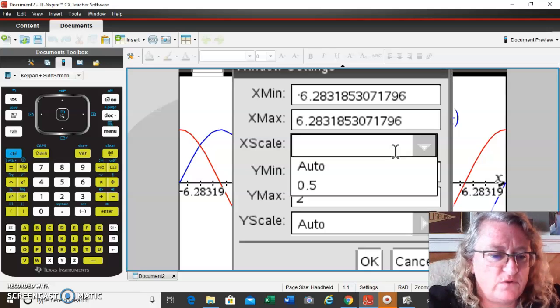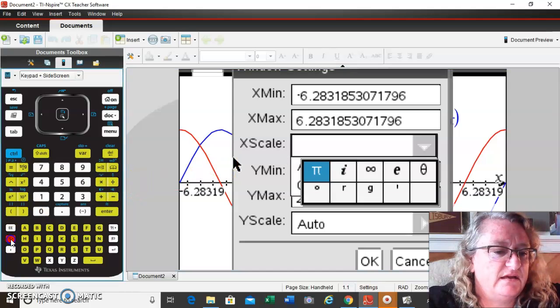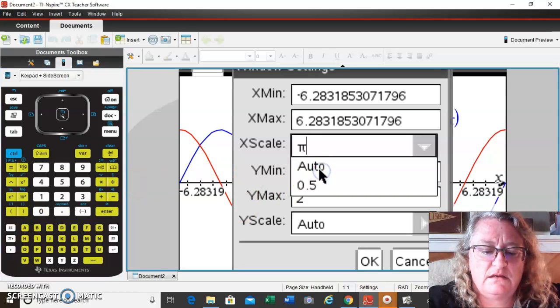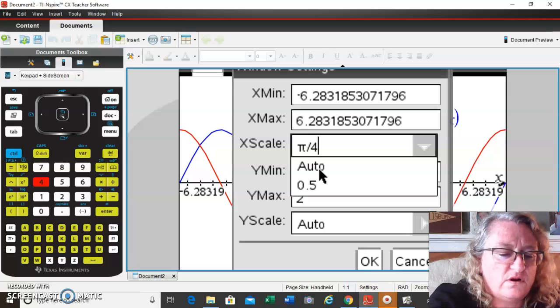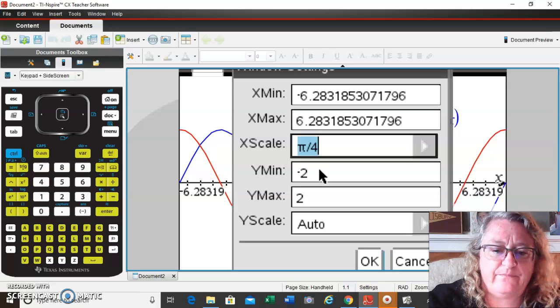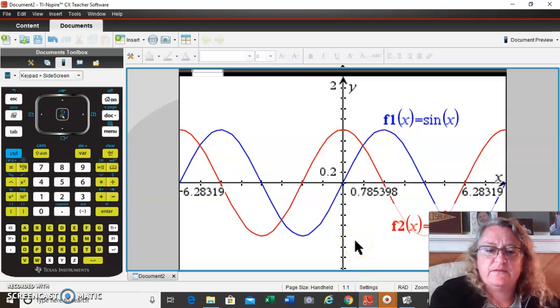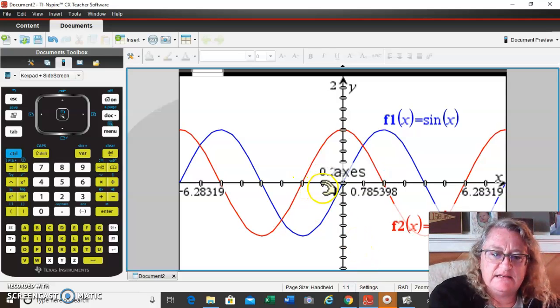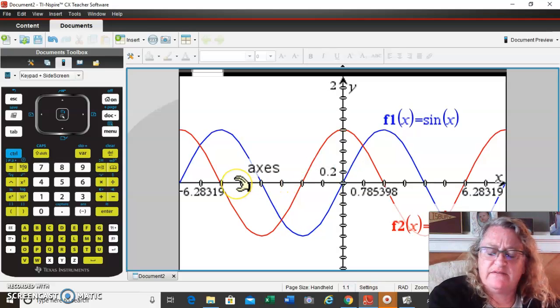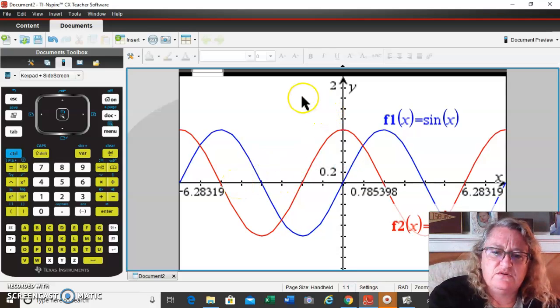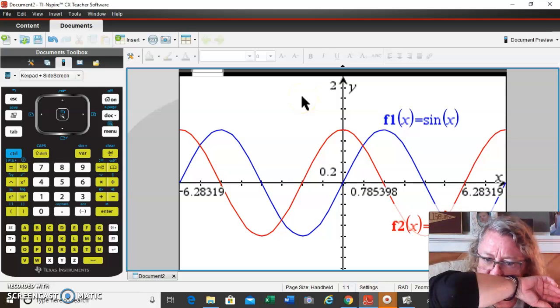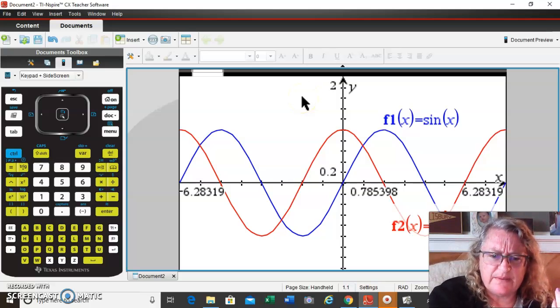So we're going to say pi divided by 4. And hit OK. That's much better. So now each one of these little things is a pi over 4. That makes much more sense to me, instead of counting by ones. I'm not used to working in integers when we're talking about radians.